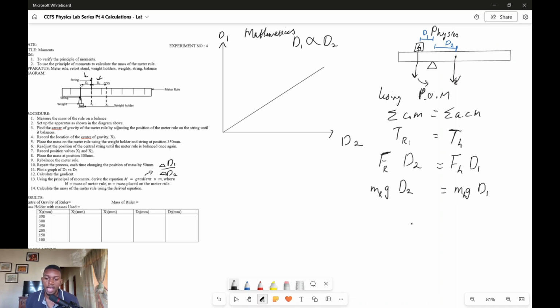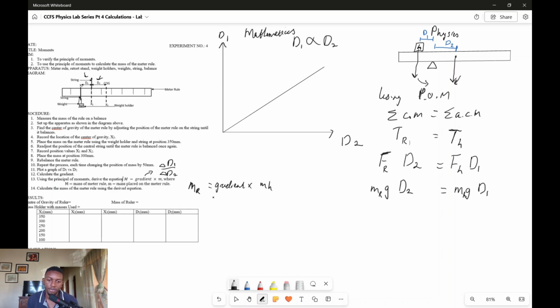We need to find m, and this big M here is now the mass of the meter rule. So if we're looking at this equation here, we need to rewrite it. We're looking for the mass of the meter rule, Mr, equals gradient multiplied by m, and that small m is the mass placed on the meter rule, which is our mass holder.